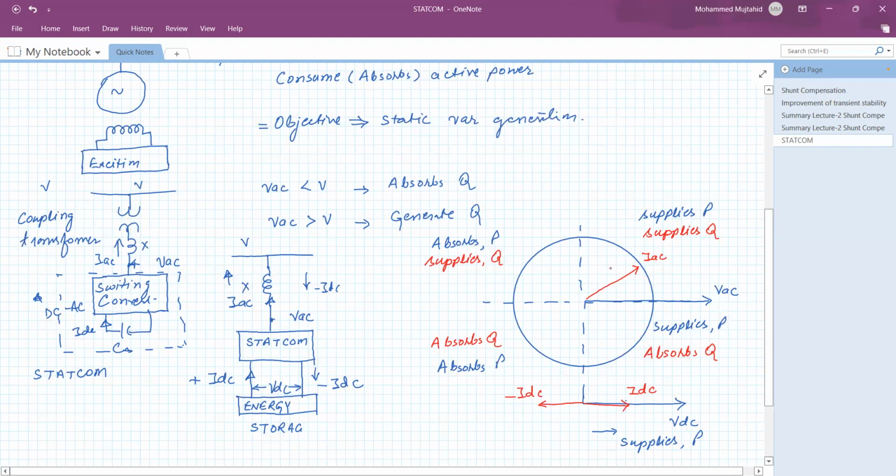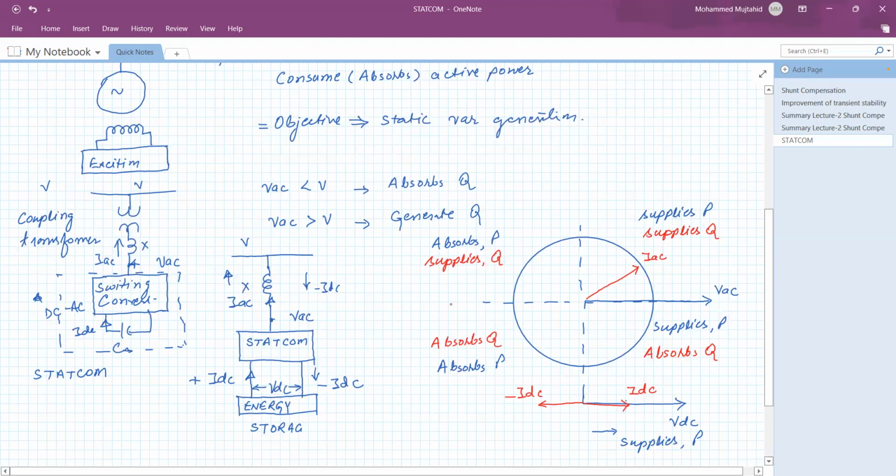So in this case, the voltage VAC is greater, IDC is positive, so both are supplied. In this case, VAC is smaller, whereas IDC is positive, so the active power is supplied, whereas the reactive power is absorbed. In this case, the DC current is negative, so in both cases, the active power is consumed, absorbing the reactive power in one and supplying the reactive power in the other.